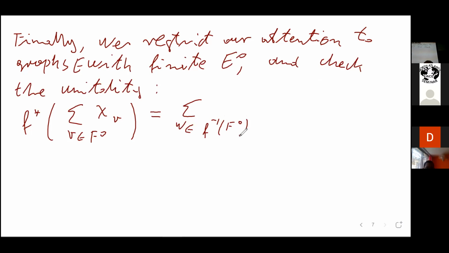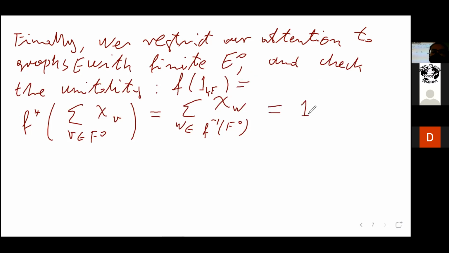But if v runs over F0, I'm taking the preimage of the set. Okay, so this is my complete sum. And here I have chi w, sorry. So this is one in the path algebra KF. And now I claim that this is one in the path algebra KE.